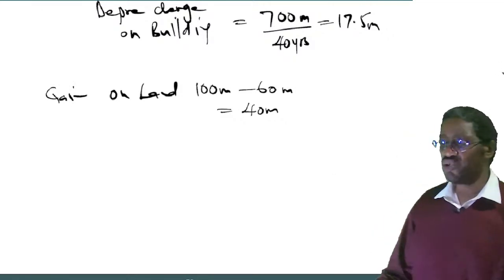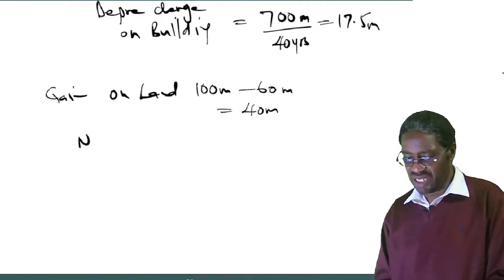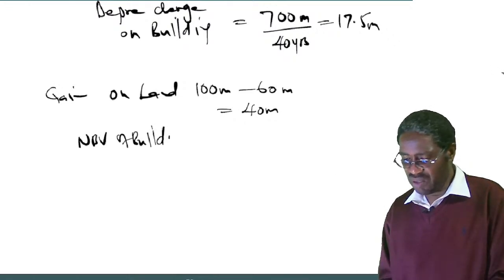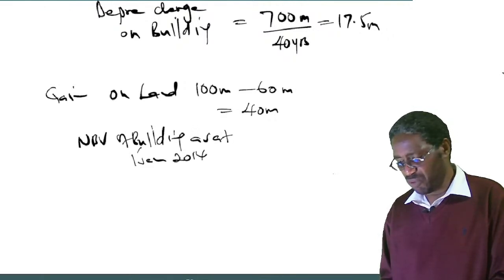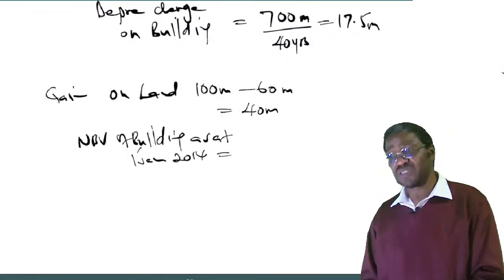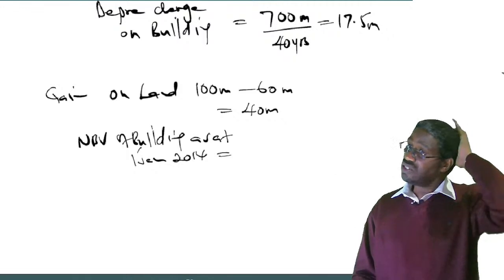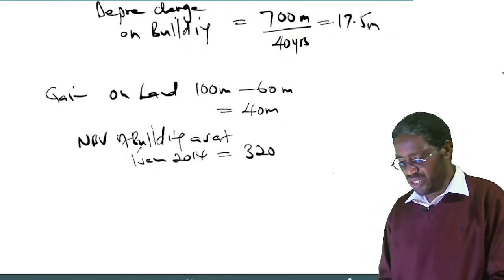Before we do the gain on the building, just come and say net book value of building as at 1st of January 2014. We saw it is 320.